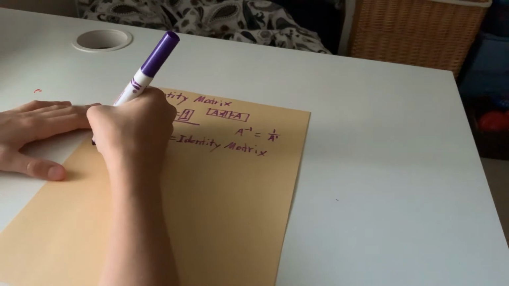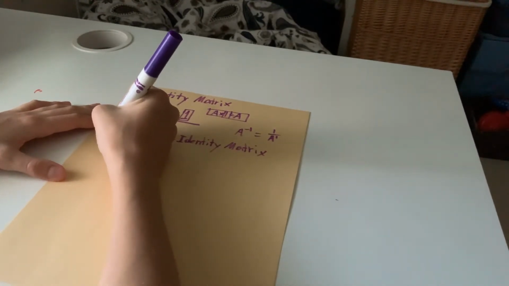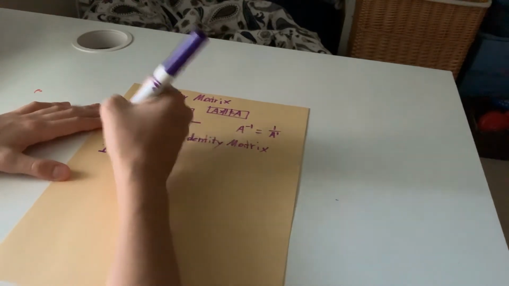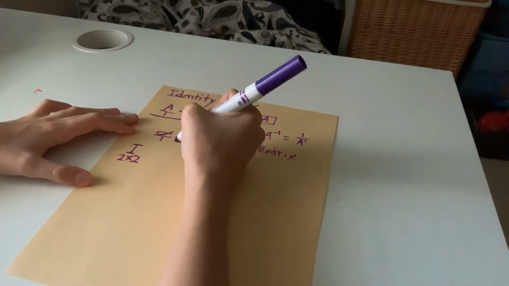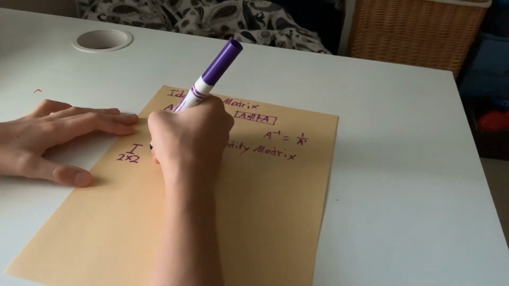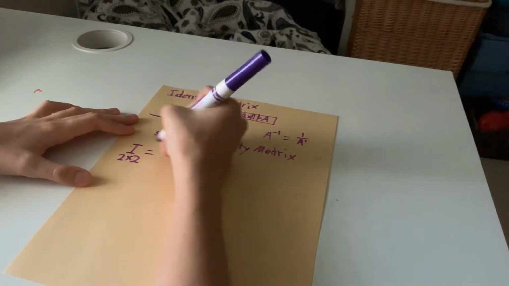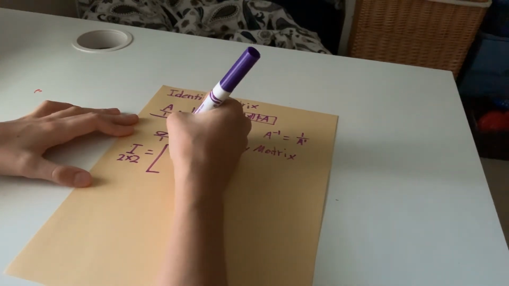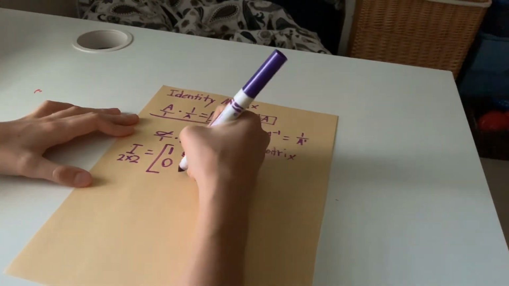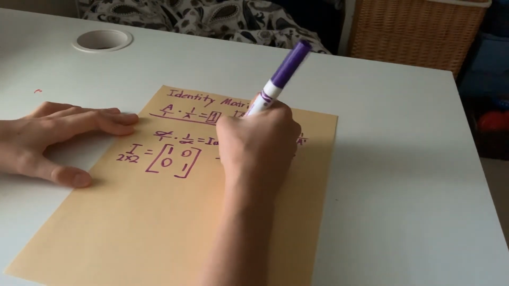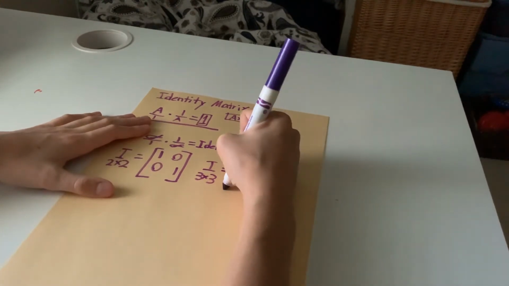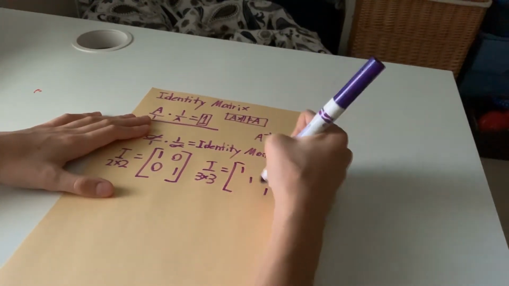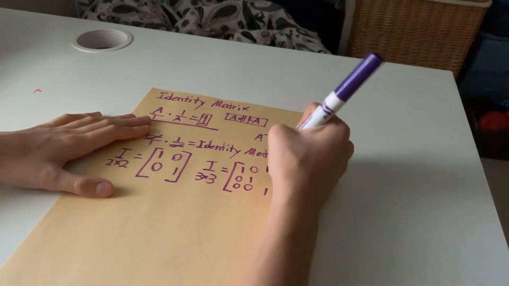If you have a 2x2 matrix, let's classify this as matrix I for identity, not to be confused with imaginary. 2x2 is the smallest possible one, and that would be equal to 1, 0, 0, 1. Let's make some more of these so you can get intuition and see the pattern here.